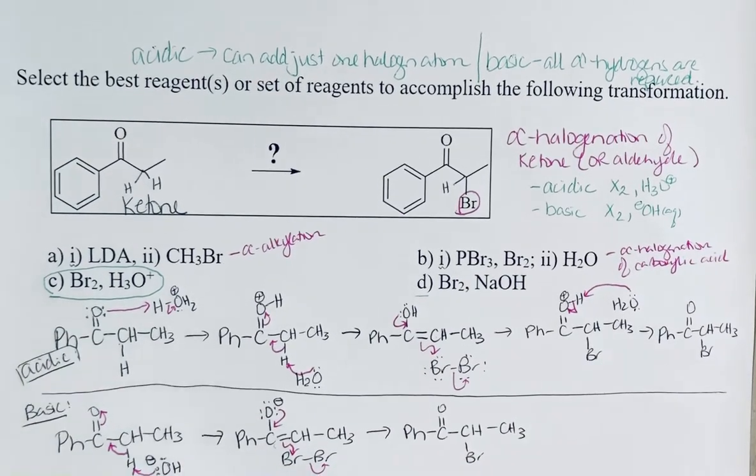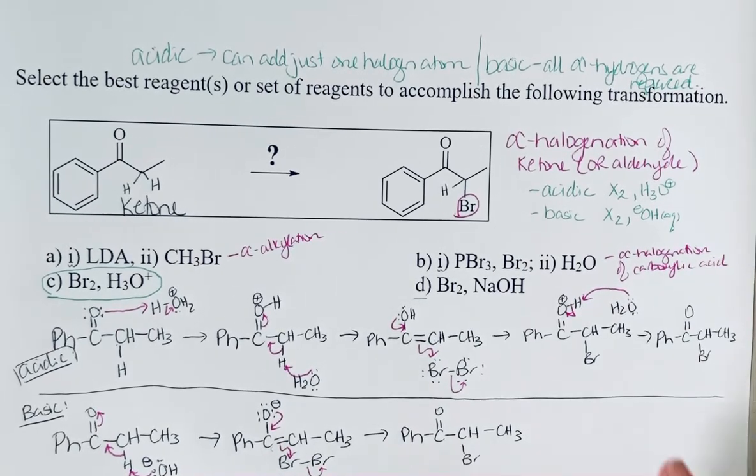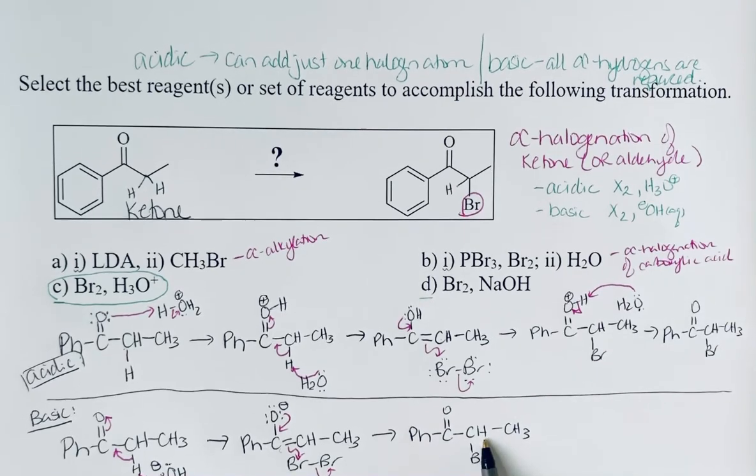So why is it that we can't control the reaction? Here's the problem. We've got another hydrogen here that's still attached to that alpha carbon, and this hydrogen is more acidic than the one we started with. So as soon as you introduce any halogen, you've got something that's more reactive to base than your starting material. So the reaction just keeps on going.